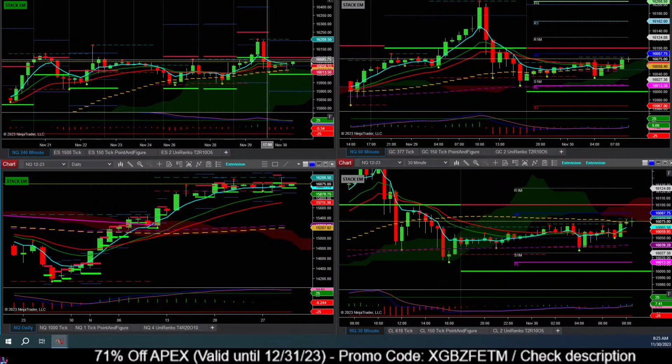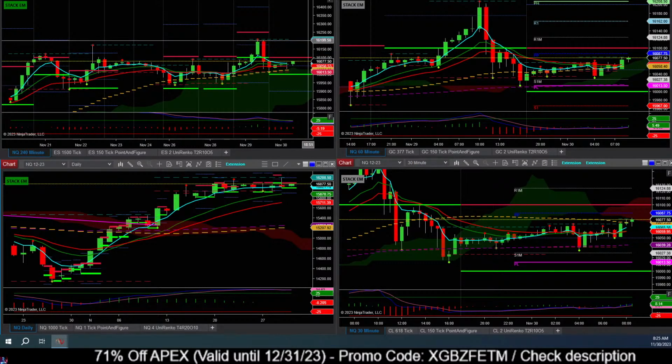So 240 is in the range. Tried to go to the 16250. Came back down. It didn't make it really. It went to the 16200, and now it's trying to get to the resistance level. If it goes through, then the next level would be up here. Okay.